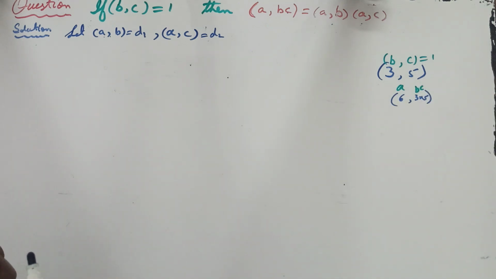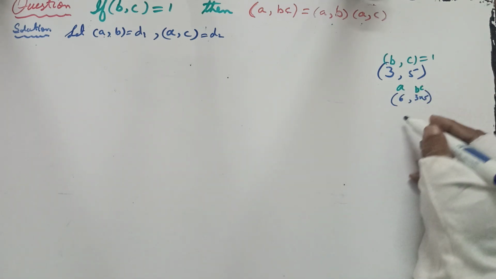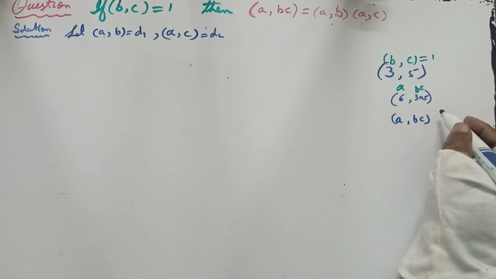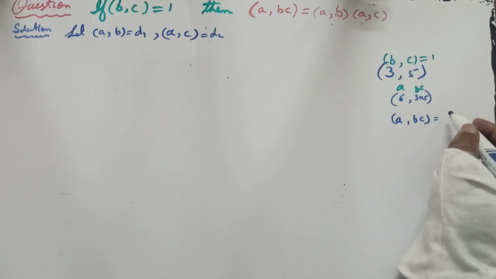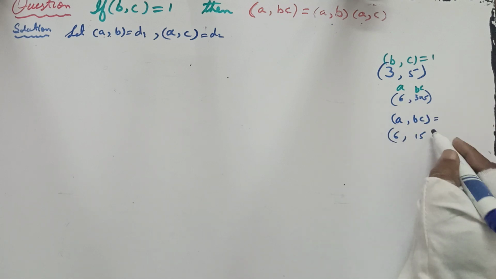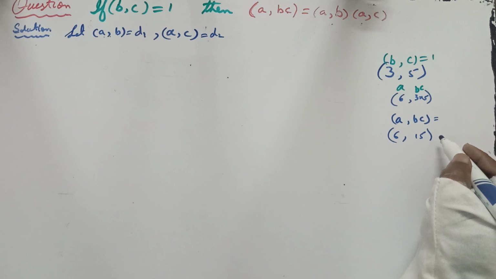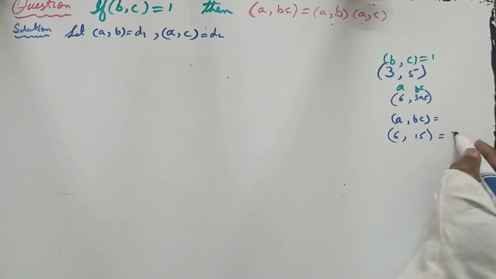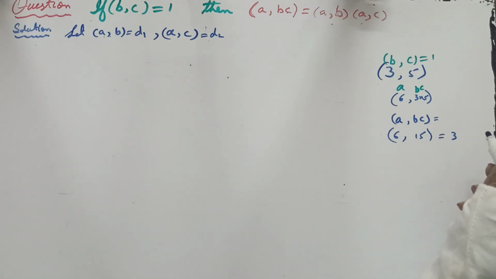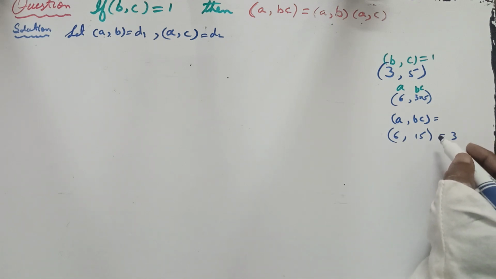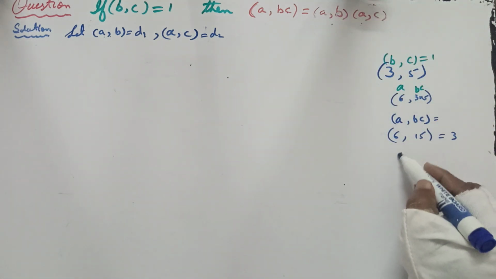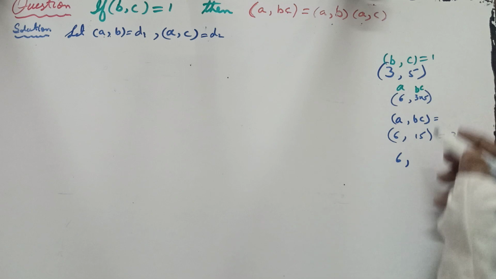Then what will be the GCD of A and BC? Here we have 6 and 15. So what is the greatest common divisor of 6 and 15? 3. And now we take A and B. A is 6 and B is 3.